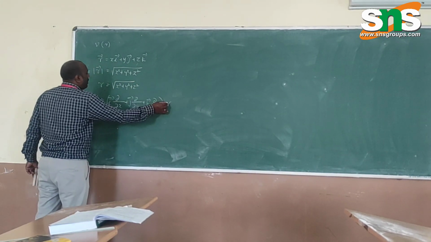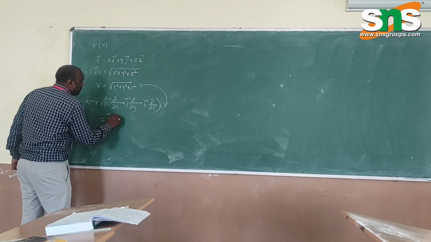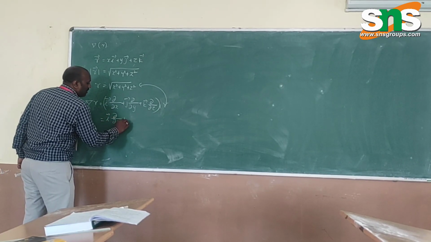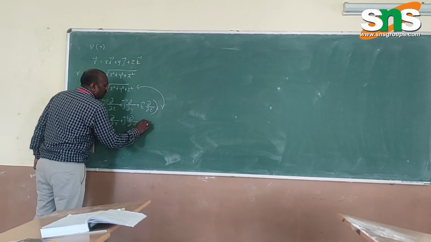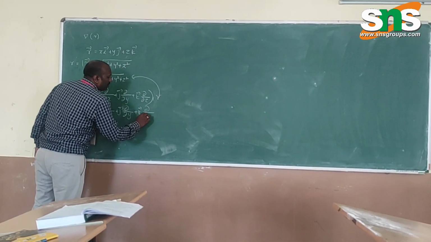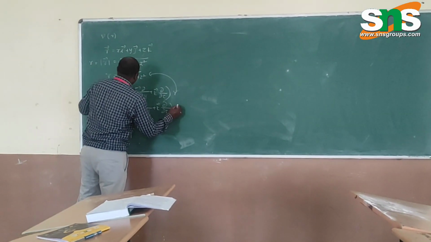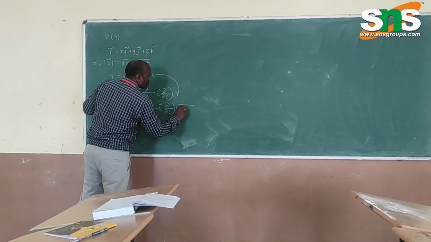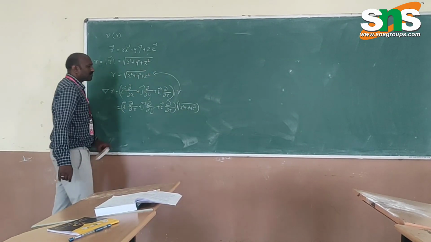The value of r is given in the previous step, so dou by dou x plus j vector into dou by dou y plus k vector into dou by dou z into r, where r is the value root of x square plus y square plus z square.